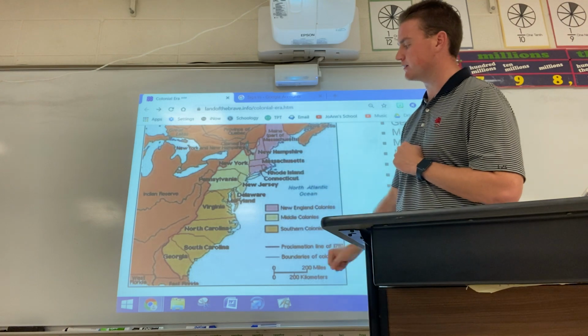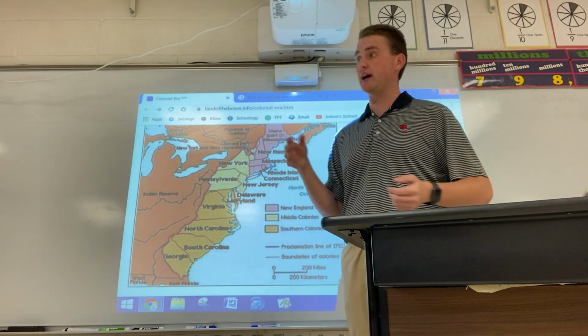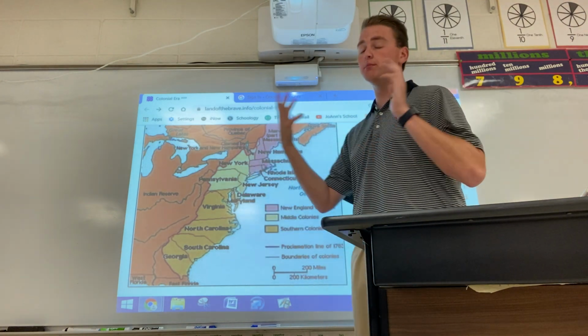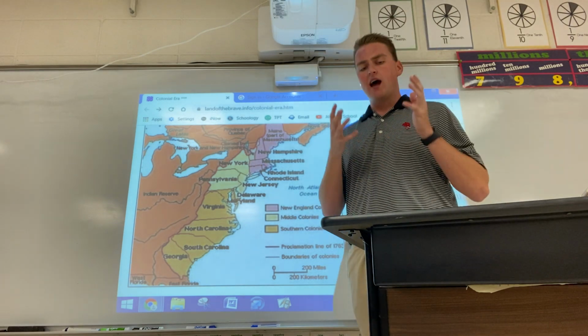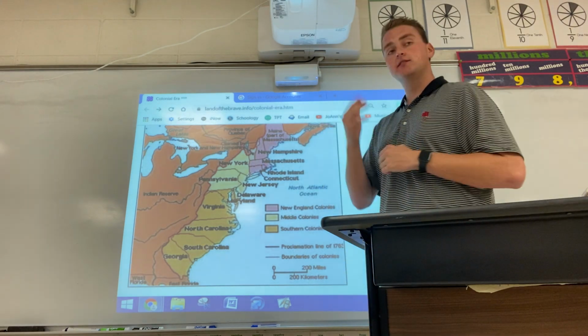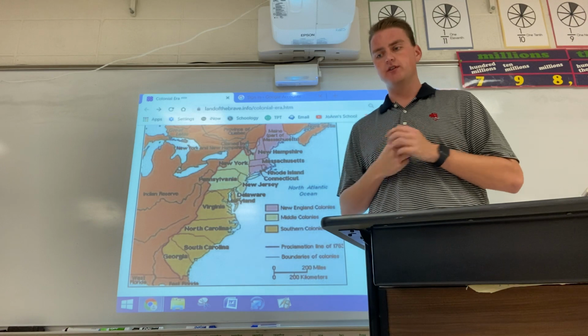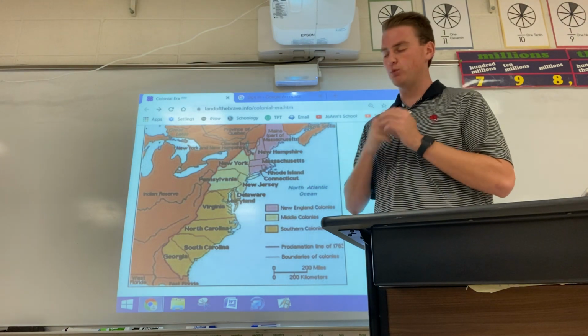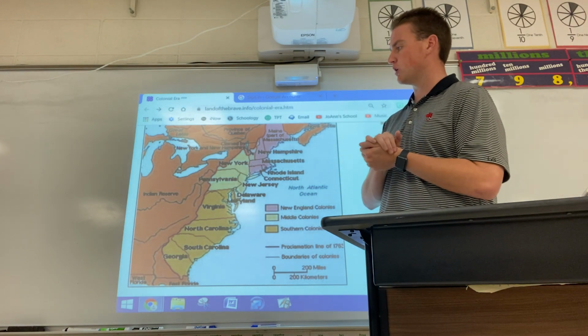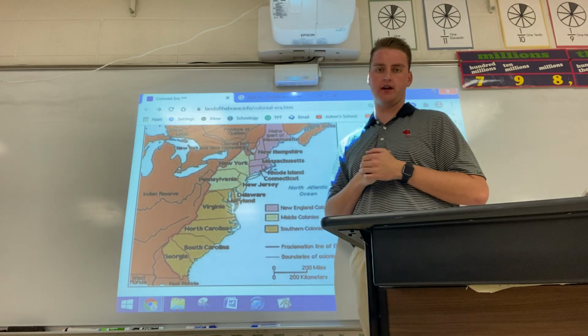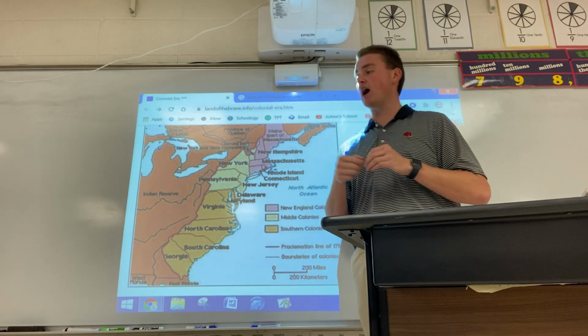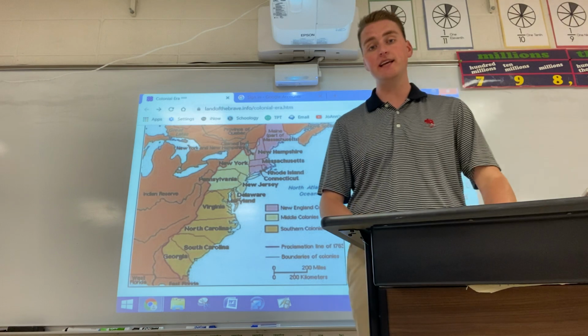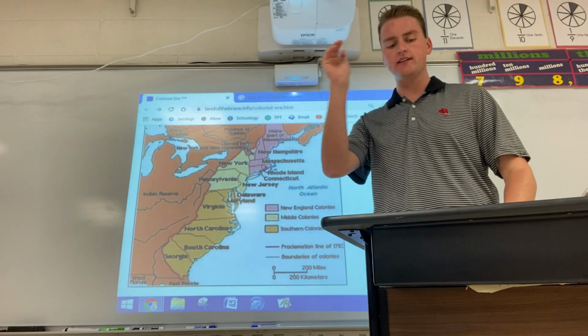You can pick the New England, you can pick the southern, compare, contrast them, or vice versa, or throw the middle one in there if you would like to. Make a chart, submit that online under the assignments box that we have, and I will go over those. There's also a rubric on there where you can kind of see what is required. Make sure you please include at least 3 facts under each section.